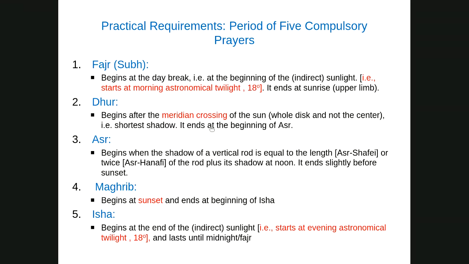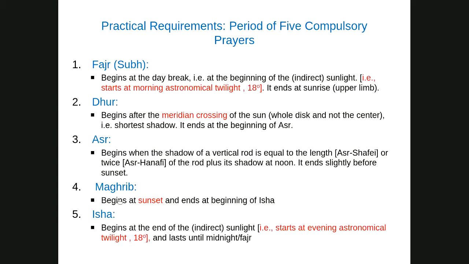However, the sun could not always be on top of your head, but we look for the shortest shadow. When you have the shortest shadow at your location, that's the time for Dhuhr. And when the shadow is equal to the length of whatever you're looking at, that's Asr time.